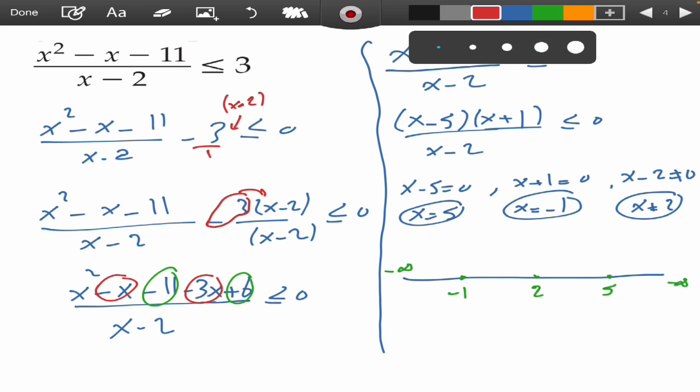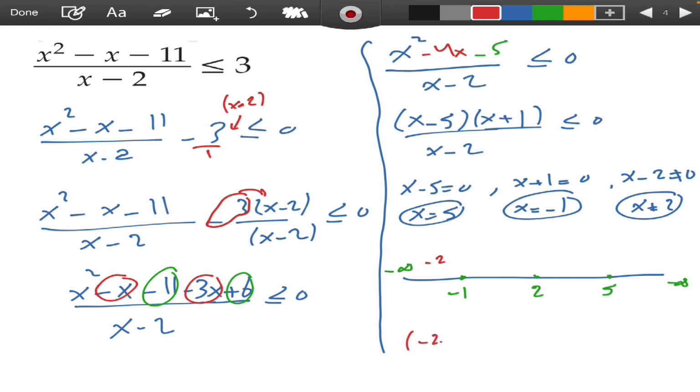The first region to the left, less than negative 1, I'm going to choose negative 2. Replace: negative 2 minus 5, negative 2 plus 1 divided by negative 2 minus 2. So this is negative, negative, and divided by negative, so the sign is negative. Similarly, checking for all the regions, I'm going to find this positive, negative, positive.